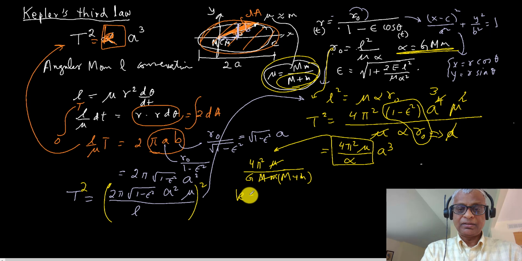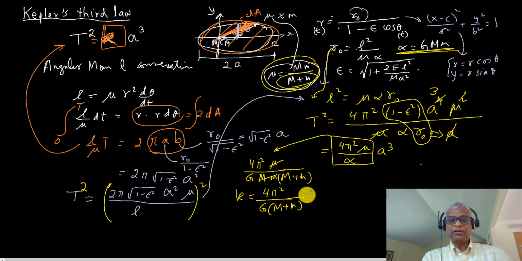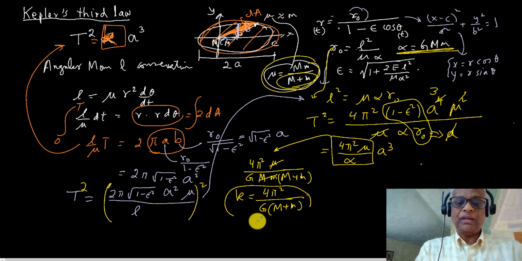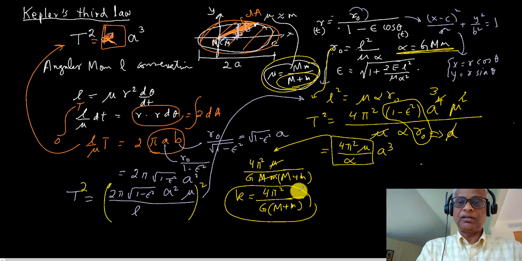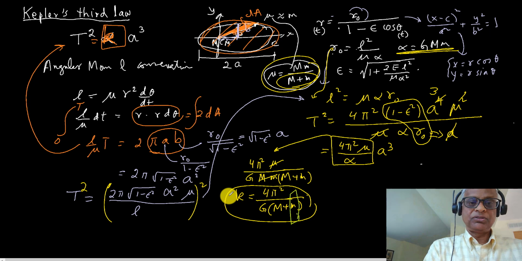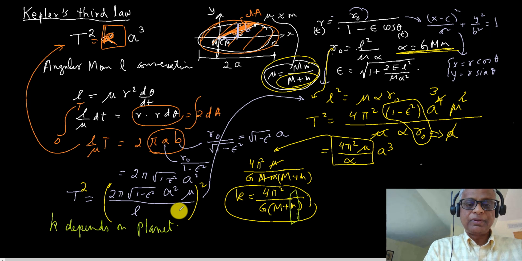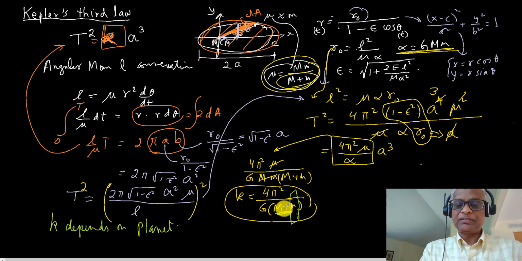So k is just going to be 4 pi square over G times (M plus m). Kepler thought k did not depend on the planet, but you can see here that k depends on the planet, but pretty mildly.